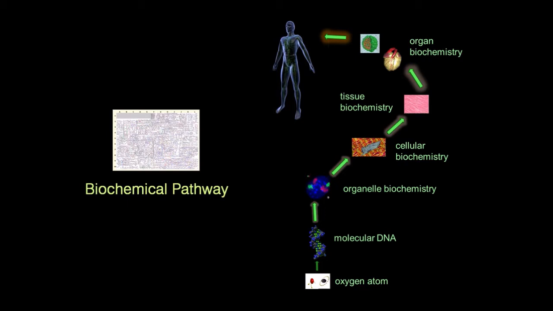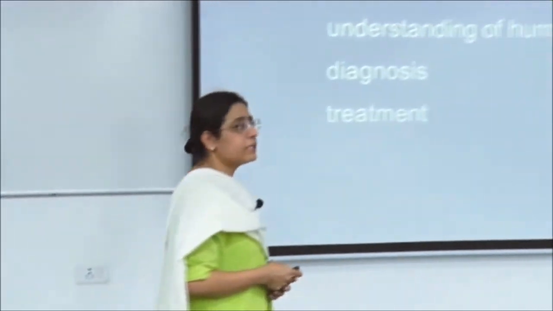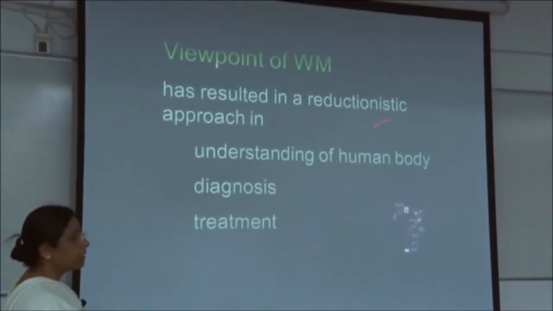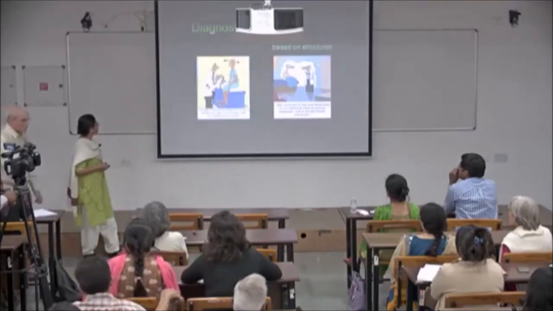But the basic structural hierarchical model remains the same, be it looking at it in terms of structures or from a biochemical point of view. So this standpoint of modern medicine has resulted in a reductionistic approach, be it in understanding of the human body or diagnosis or treatment, as I have been telling.